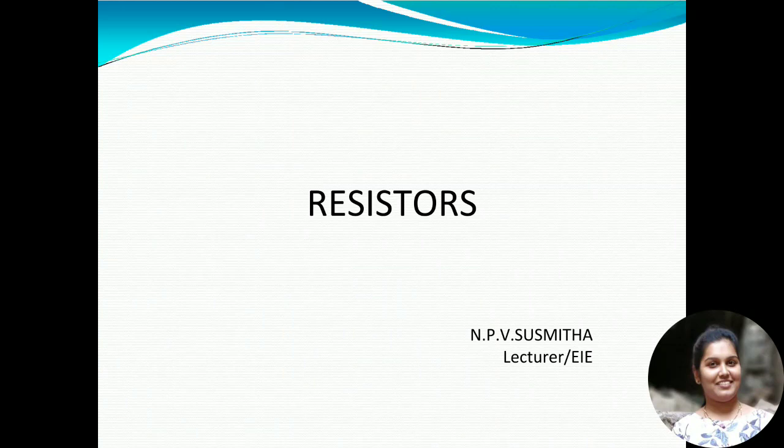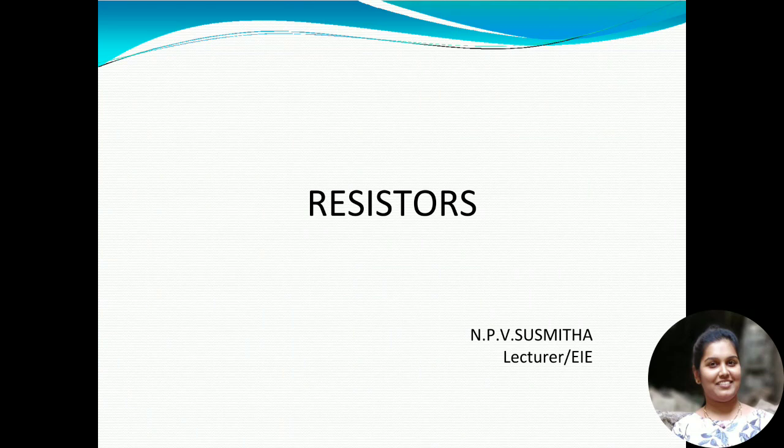What we discussed is that voltage is directly proportional to I into R, where voltage V in volts is given as current I in amperes into resistance R in ohms. There itself we got to know the term resistance. So in this video we'll try to know some more points regarding resistors.